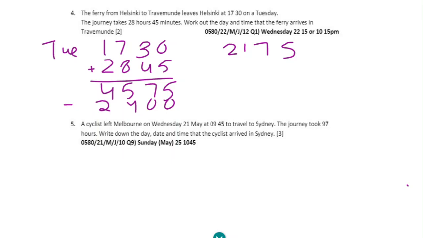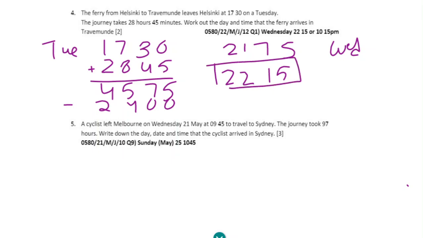So the answer, part of the answer will be Wednesday, but 21:75 isn't an accurate representation of the time. 75 minutes don't make sense. So change this into 22:15. Give the 60 minutes to this to increase 21 by 1. So the answer is 22:15 in the 24-hour clock, or subtract 12 from it and give your answer in this form, 10:15 p.m.